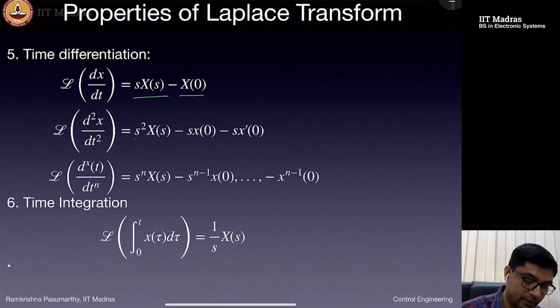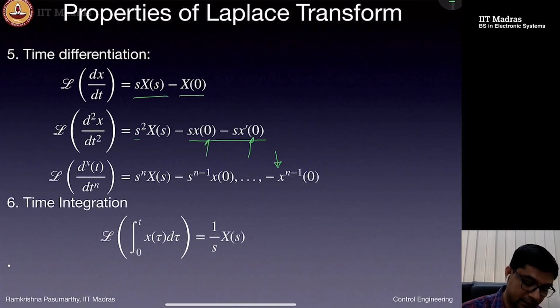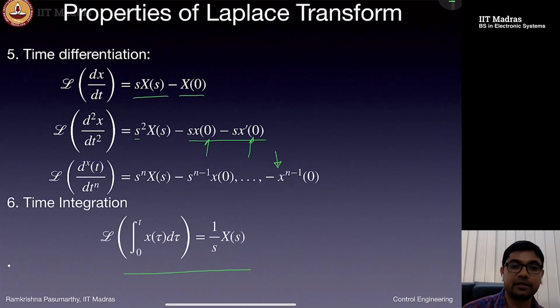The second derivative will have an s squared term and some terms depending on the initial conditions, not just the initial conditions on x, but the initial condition on its first derivative also. And so on, I can go on till the nth derivative. Similarly, differentiation leads to a multiplication by s. Integration leads to a division by s.